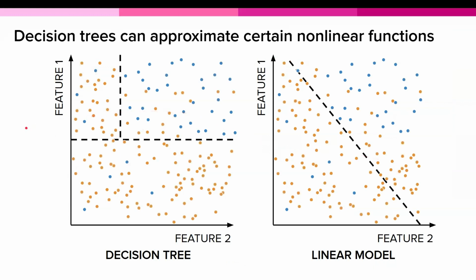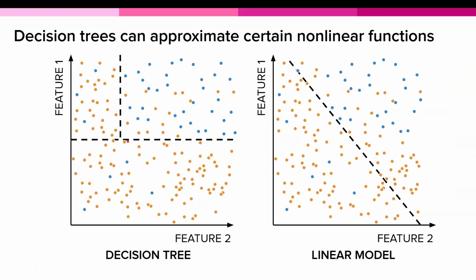Another interesting thing about decision trees is they're learning nonlinear decision boundaries using these axis-aligned rectangles, or compositions of axis-aligned rectangles. We can see in this left plot how the decision tree splits the feature space into these neat rectangular regions.